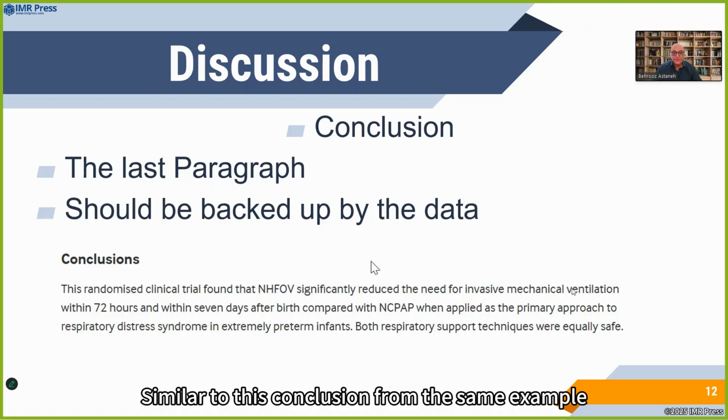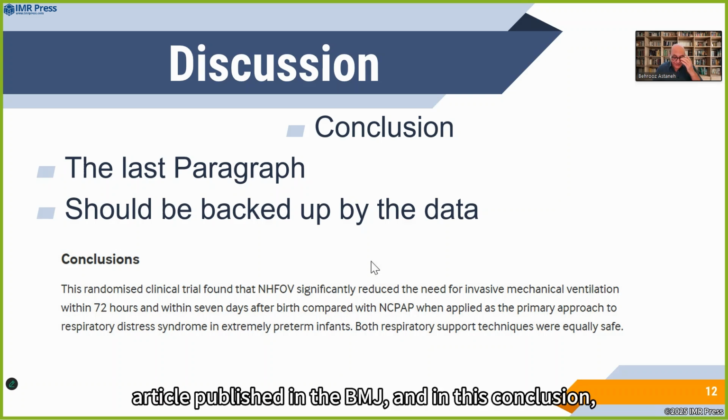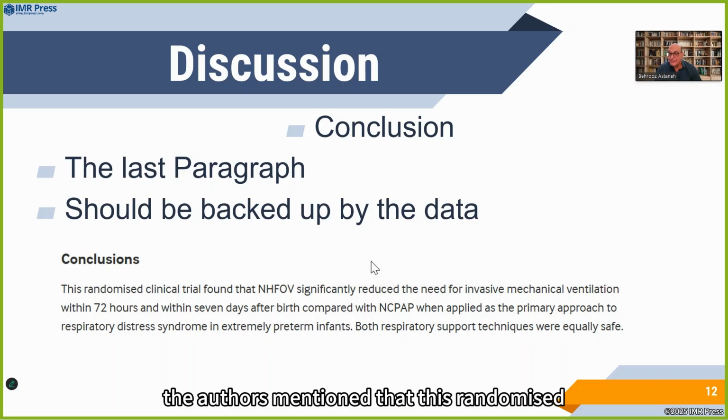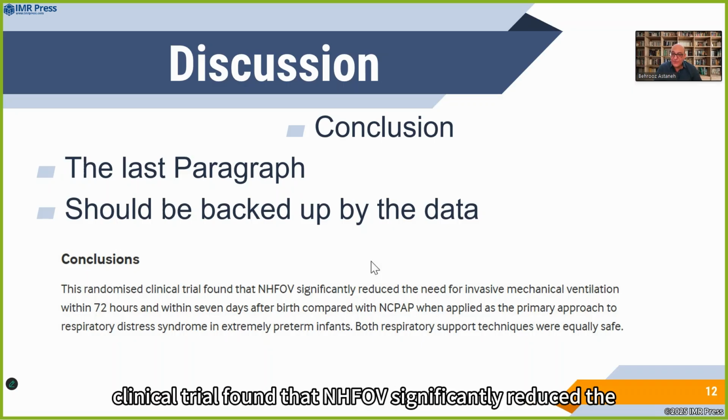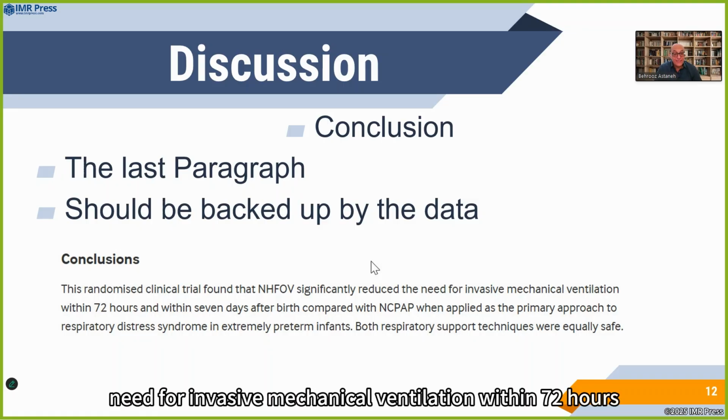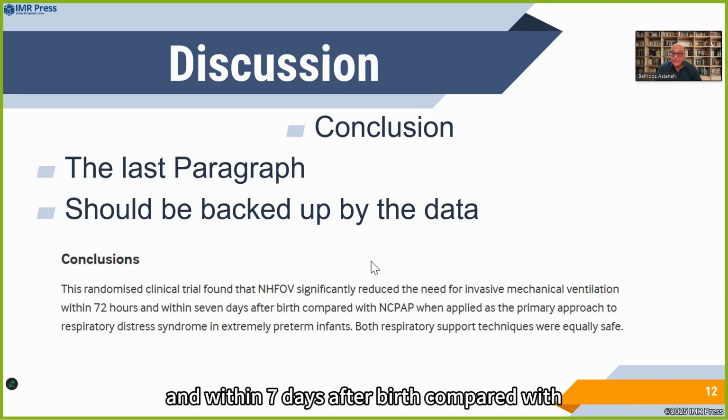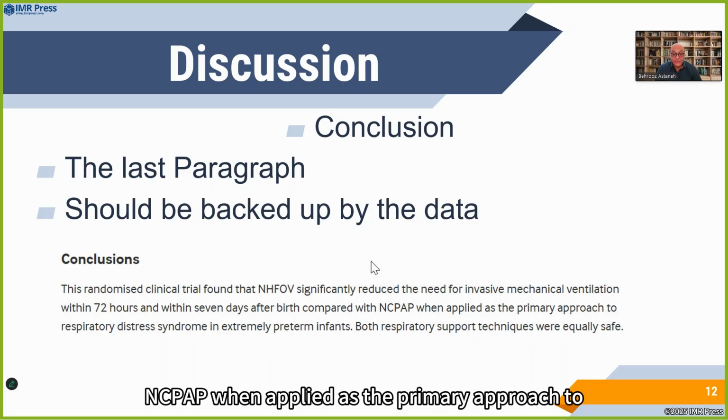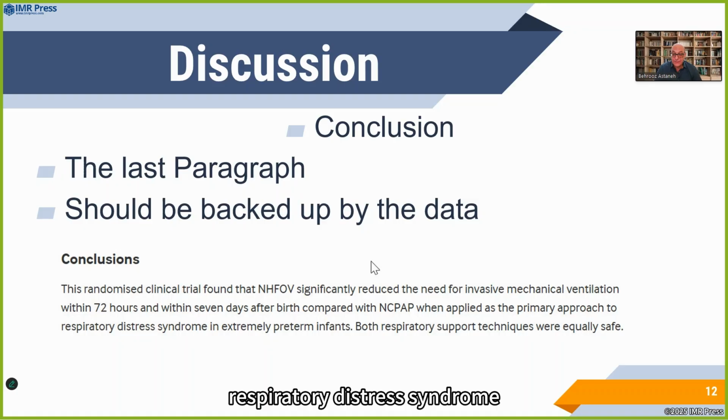Similar to this is the conclusion from the same example article published in the BMJ. In this conclusion, the authors mentioned that this randomized clinical trial found that NHFOV significantly reduced the need for invasive mechanical ventilation within 72 hours and within 7 days after birth compared with NCPAP when applied as the primary approach to respiratory distress syndrome in extremely preterm infants.